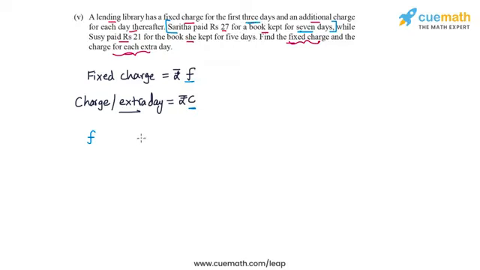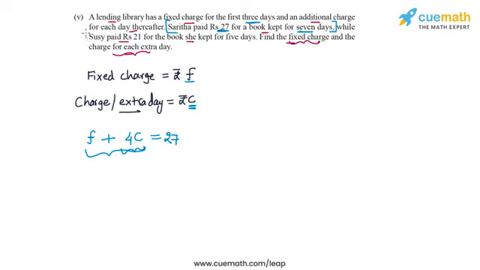So the number of extra days is 7 minus 3 or 4. So 4 extra days, and the charge per extra day is rupees C. So 4C is the total charge for extra days. So the overall cost Sarita would have to pay is F plus 4C, and this we know is equal to 27. So this is the first equation in F and C.